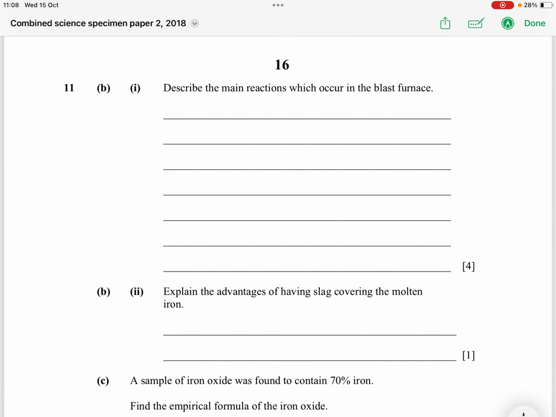So in part B, describe the main reactions which occur in the blast furnace. We are required to give the sequential order in which the reactions take place. The first reaction that occurs: the coke or carbon burns with oxygen.